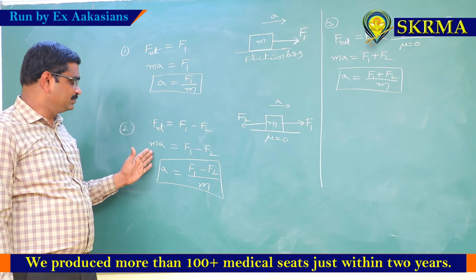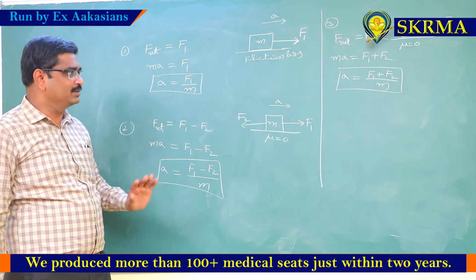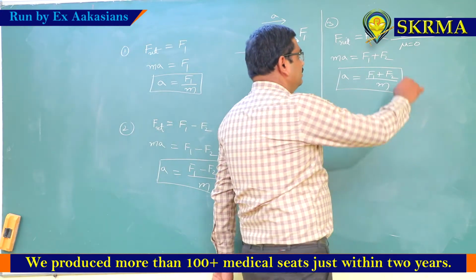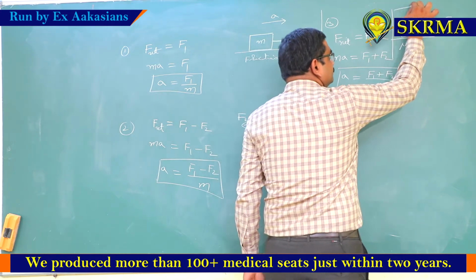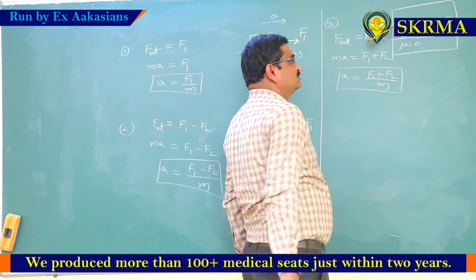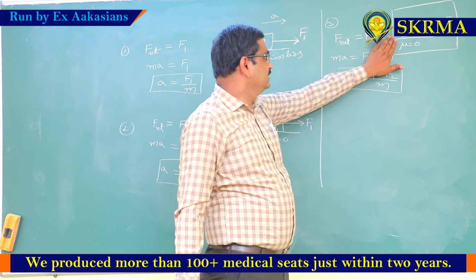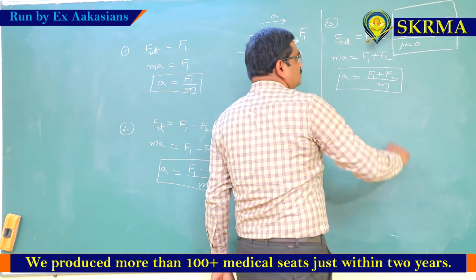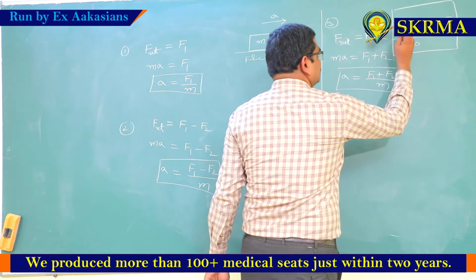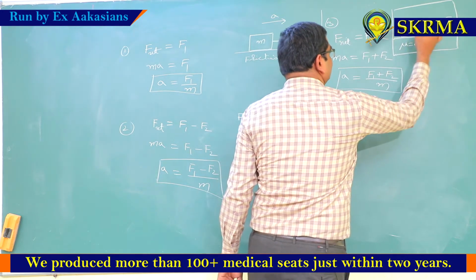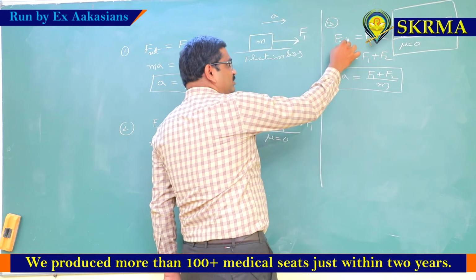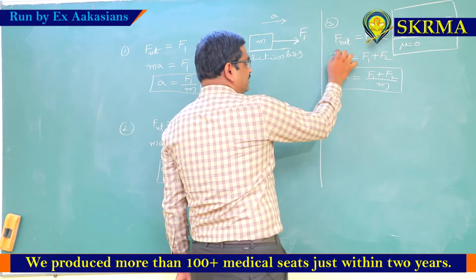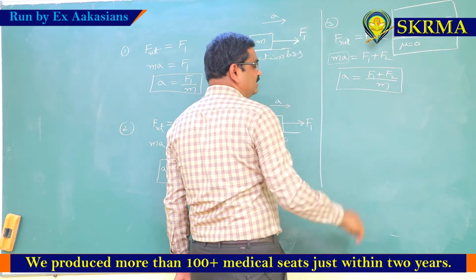F net equals ma, a equals F1 minus F2 by m. In this diagram, two forces are acting and they are directed the same way towards the right. So net force is F1 plus F2, and a equals F1 plus F2 by m.